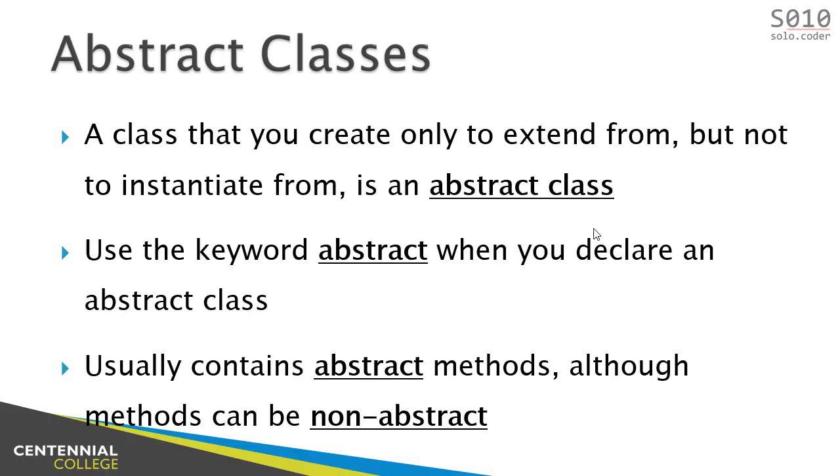The reason I brought up concrete classes is because we have the other type of class, which is an abstract class. In an abstract class, we don't instantiate objects from that class. We declare the class, but we don't create anything from it. What would be the natural question?